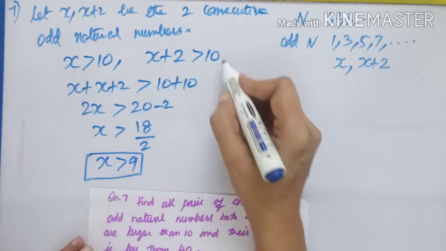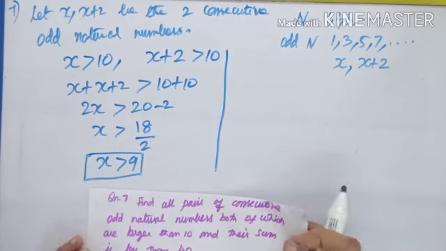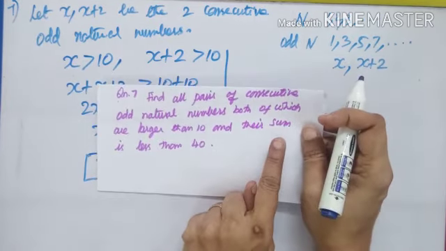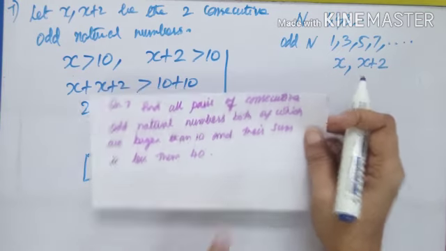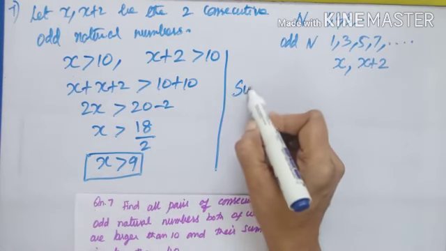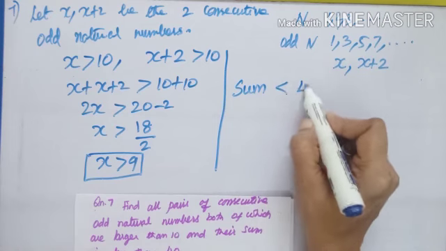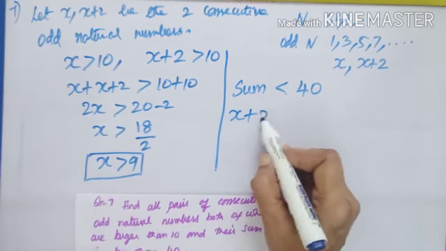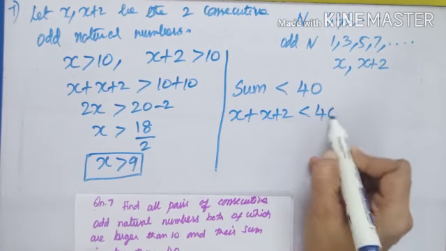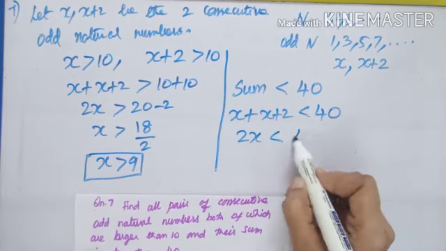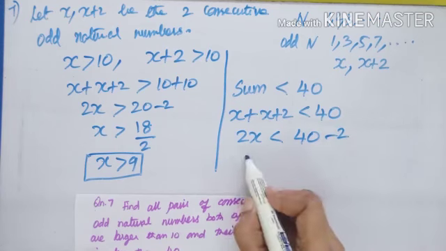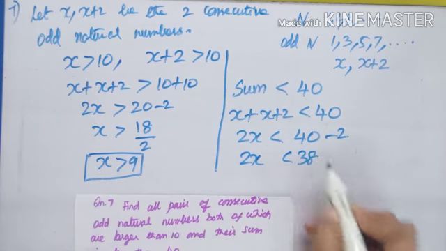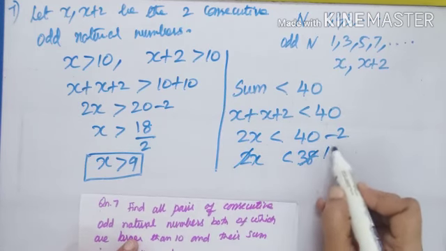One condition I have found out. What is the other condition? Their sum is less than 40. So the second condition says sum less than 40. First number is x, second number is x plus 2, which is less than 40. 2x less than 40 minus 2. 2x less than 38, which I can cancel.